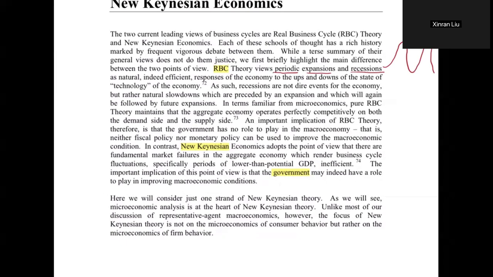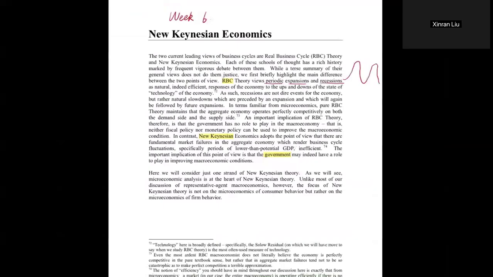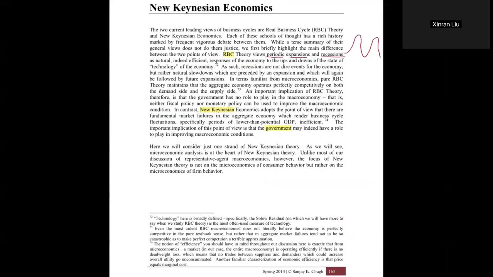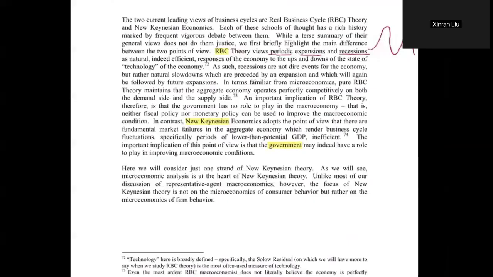New Keynesian economics adopts the point of view that there are fundamental market failures in the aggregate economy, which render the cycle inefficient. If you have this kind of question in your exam, you can understand this and then write briefly.